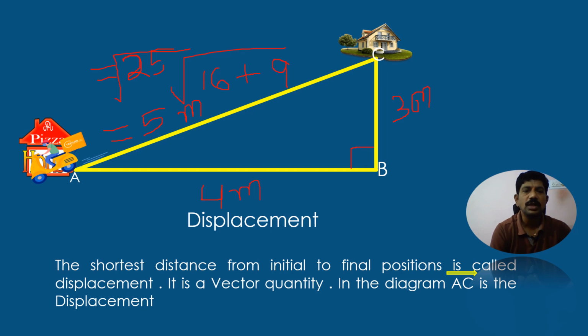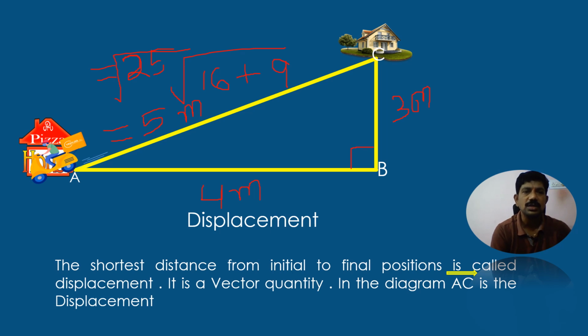So the shortest distance from initial to final position is called displacement. It is a vector quantity. In the diagram, AC is the displacement. But when you are asked to find the distance, what is the distance? 4 meters plus 3 meters, 7 meters. Observe this, 5 meters is smaller than 7 meters. Are you clear?